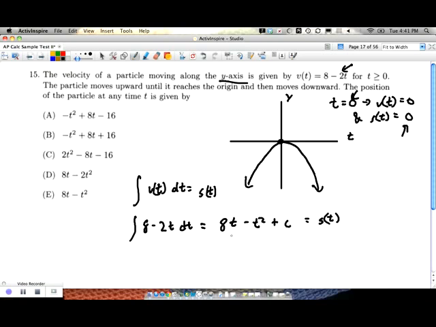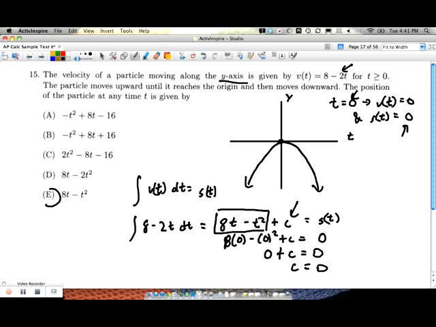So I'm going to replace these t's with zeros. And that's also going to equal 0 here. So that just means 0 plus c equals 0. c equals 0. So our constant is really 0. That means our function is just 8t minus t squared. The answer would have been E.